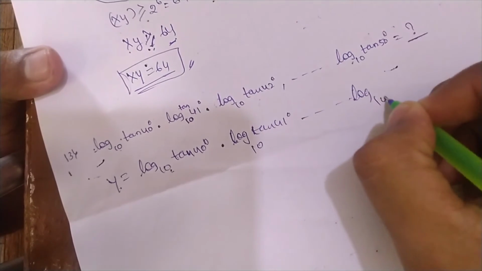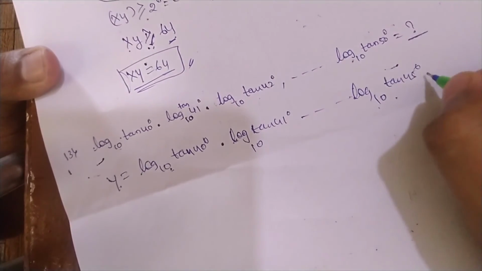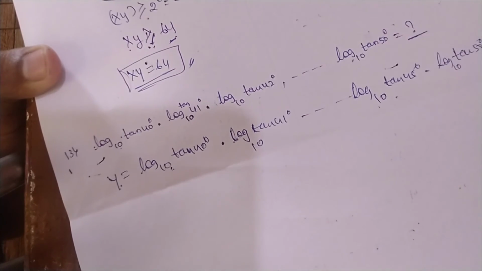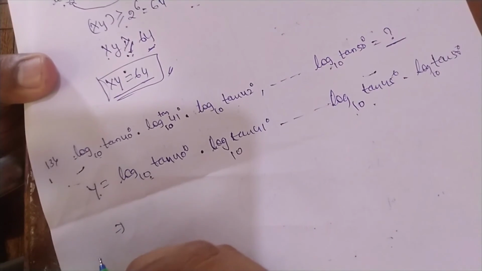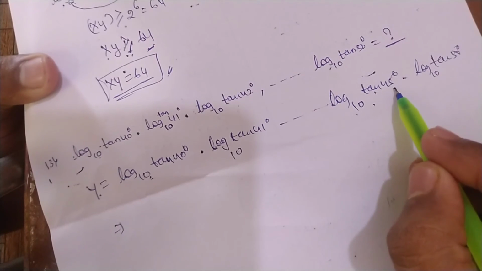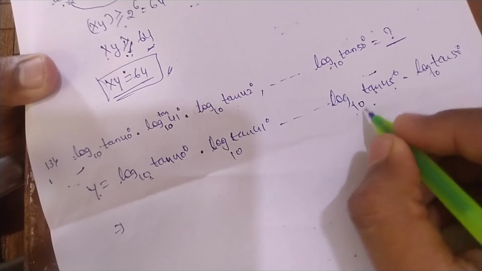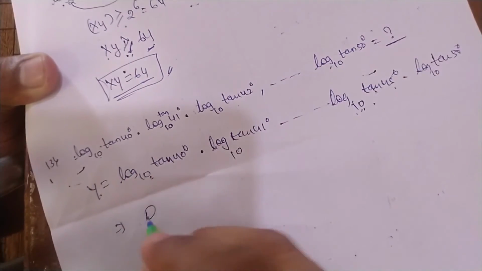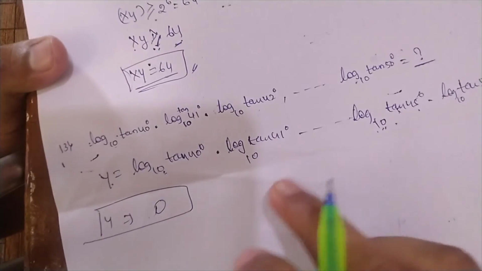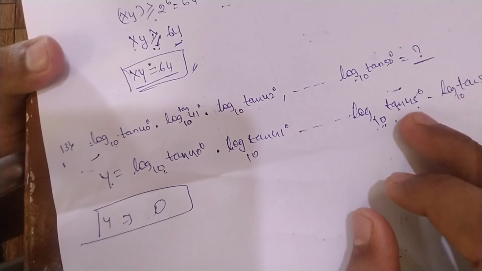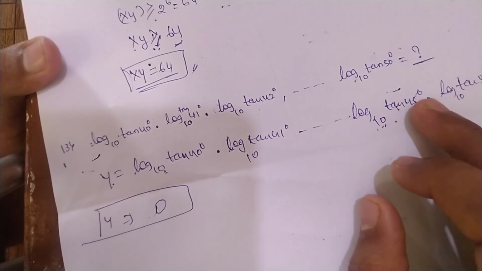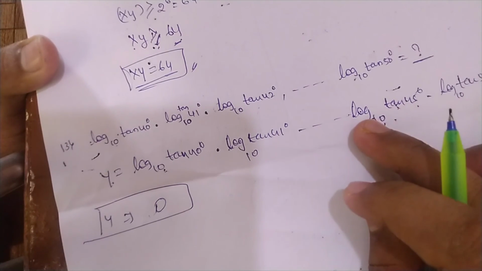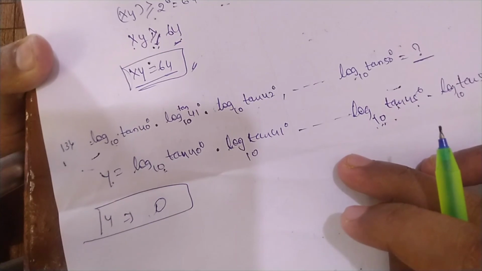In the middle there is a value log tan 45 degree to the base 10, and so on up to tan 50 degree, all with log base 10, correct? So don't do anything. Tan 45 degree is 1, so log 1 to the base 10 is 0, so 0 into anything is 0, so this value becomes 0. That's as simple as that. Instead of tan, if they have given cot, cot 45's value is also 1, so log 1 to the base 10 is 0.